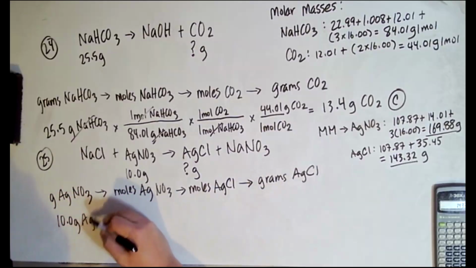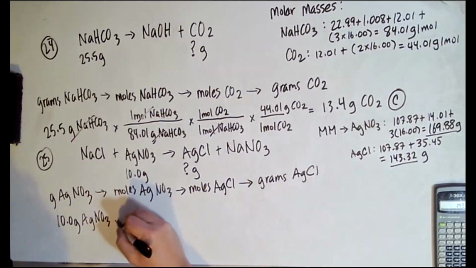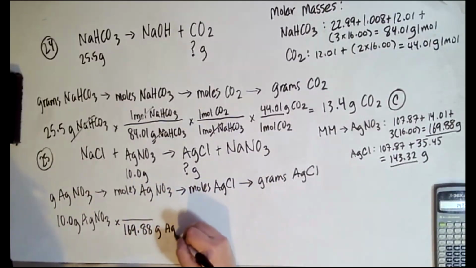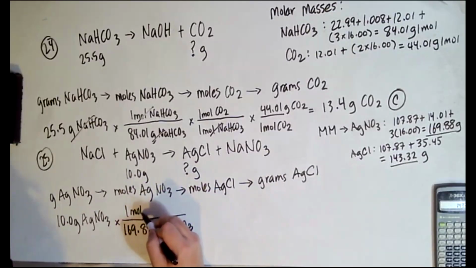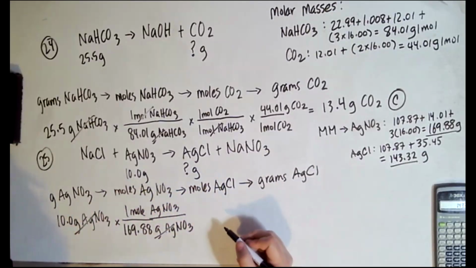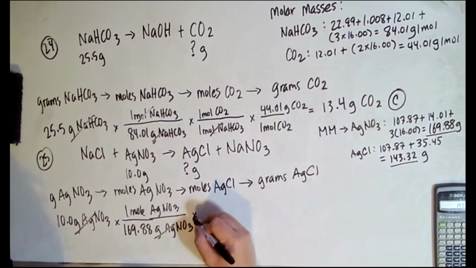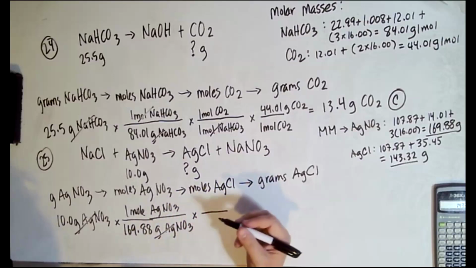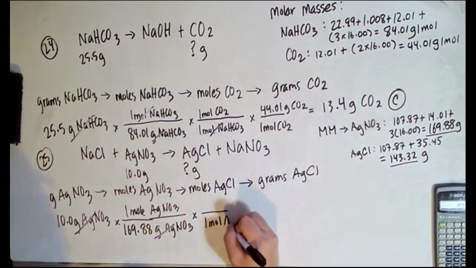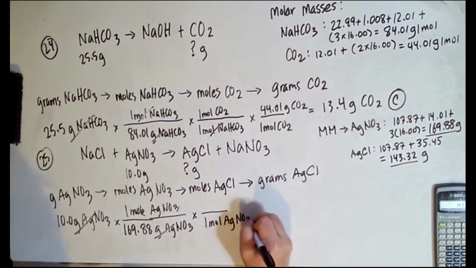So 10 grams of AgNO3 to start with. That's step 1. Now I'm going to go from moles of AgNO3 to moles of AgCl using our coefficients in our equation. Everything's 1 in this equation, so 1-to-1 ratios, nice and easy.